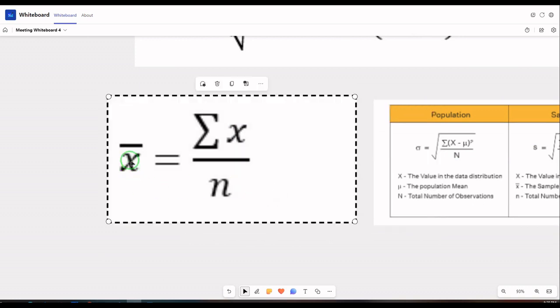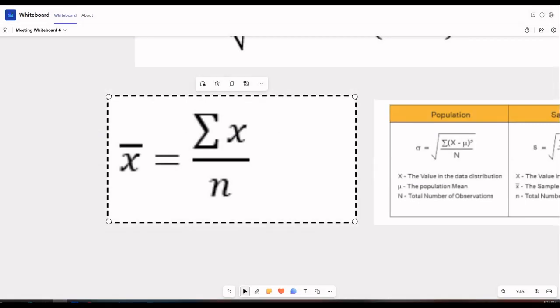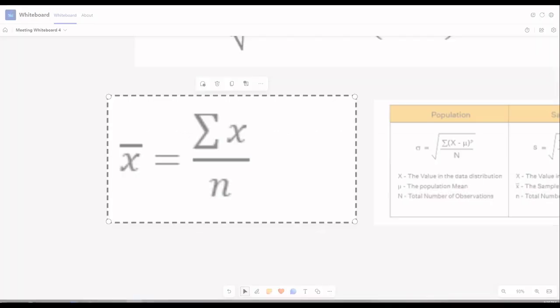So X bar, which is your mean, is the sum of all the data points divided by the total number of data points when they all have the same frequency. But sometimes they don't have the same frequency. They might have different frequencies, like some numbers might repeat a couple of times.